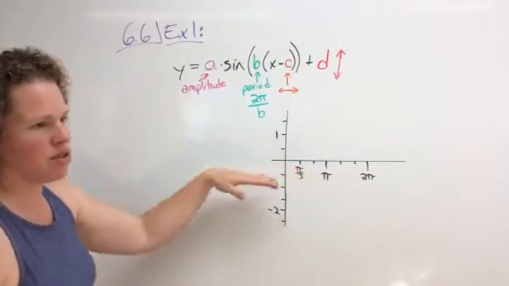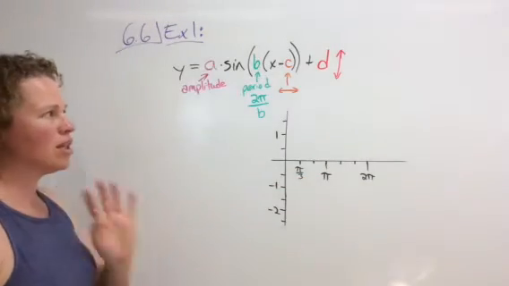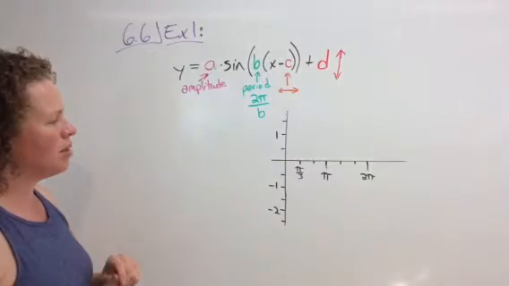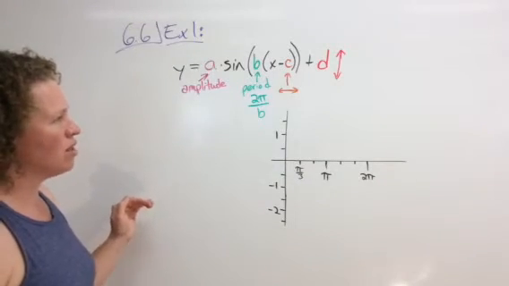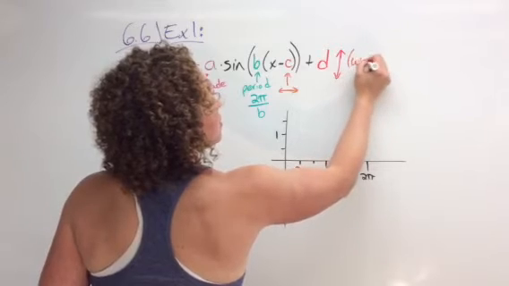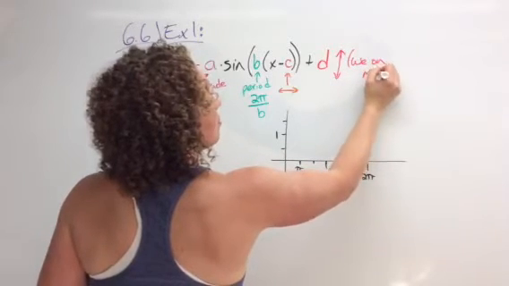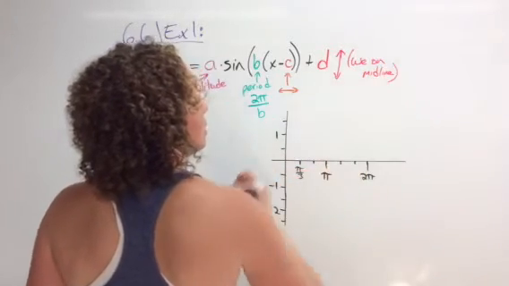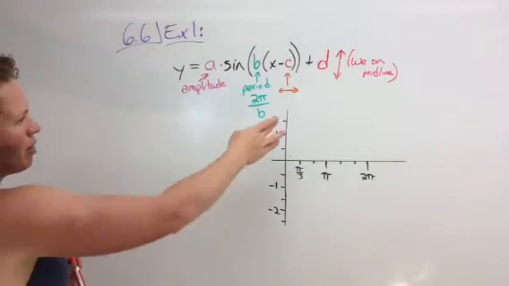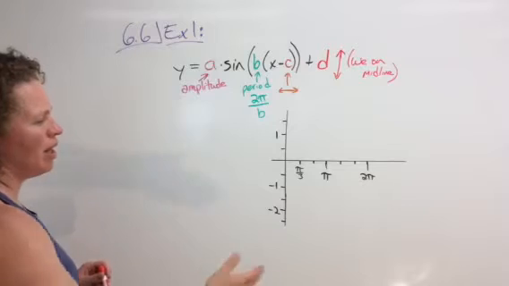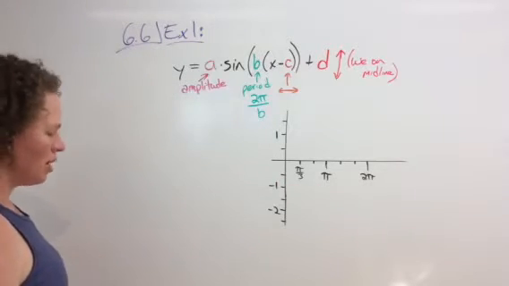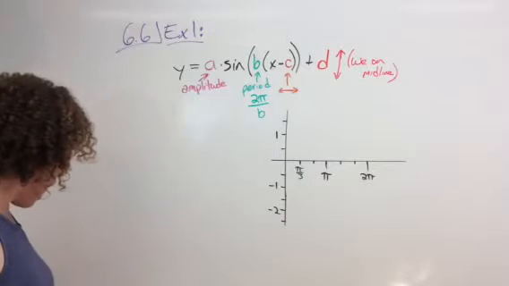Doesn't matter whether it gets stretched or anything, it's still going to have a midline, and that application can be used straight on the midline. This one's pretty basic. It's usually going to be in terms of pi, and it just shifts it one way or the other.